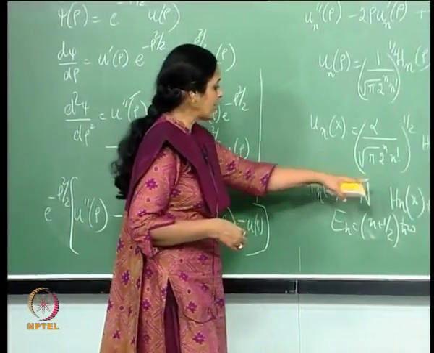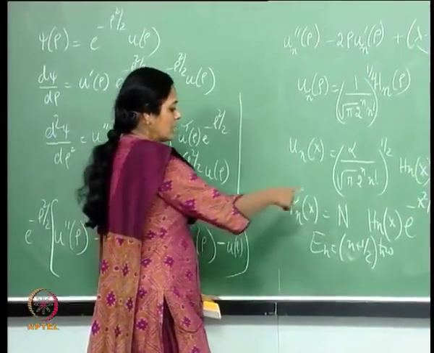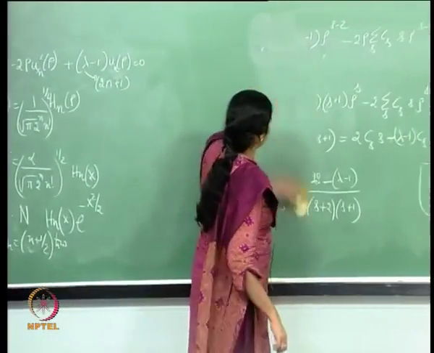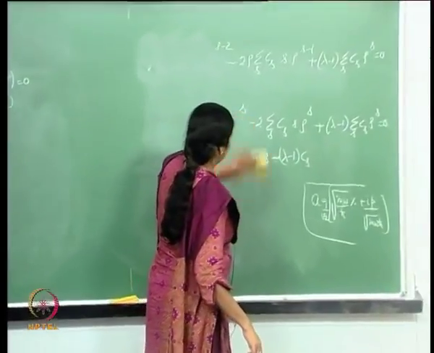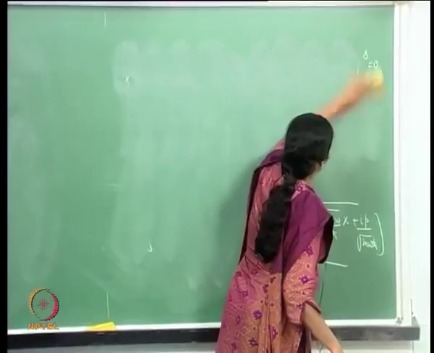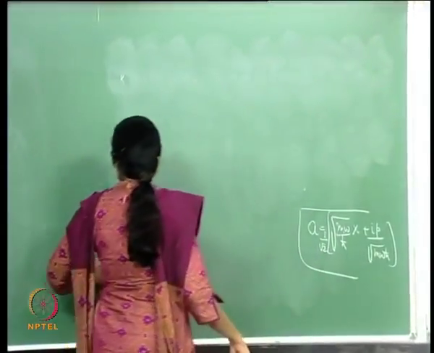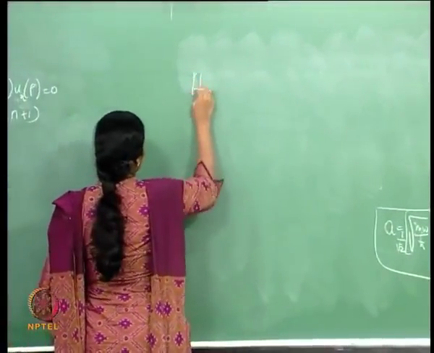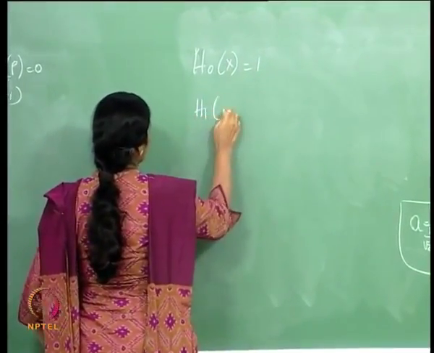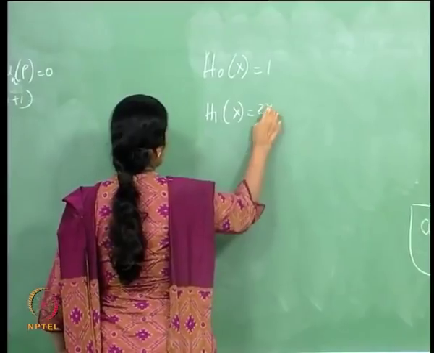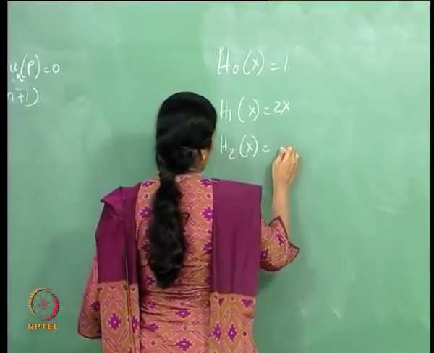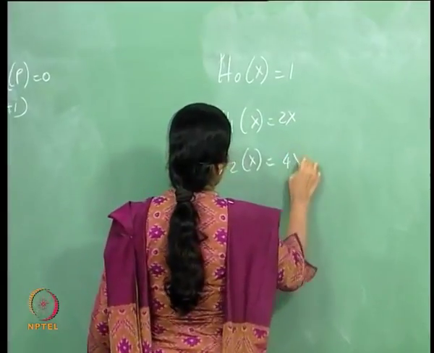Now you can verify this right here, because the Hns can be written in the following fashion. H0 of x is 1, H1 of x is 2x, H2 of x is 4x squared minus 2.